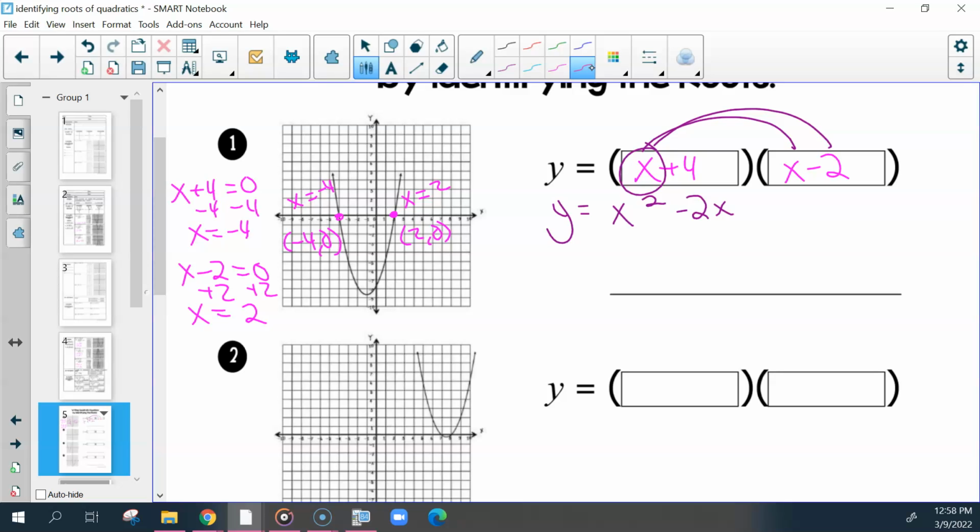Then you're going to do the same thing to the last two. Take 4, multiply it to x and -2. Four times x would give us positive 4x. 4 times -2 would give us -8.